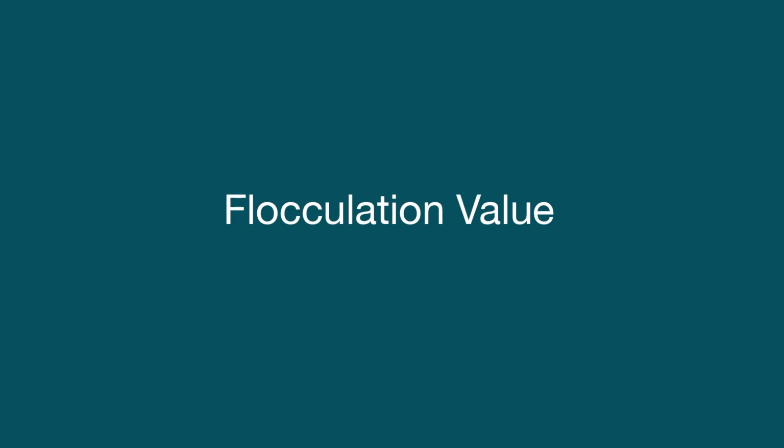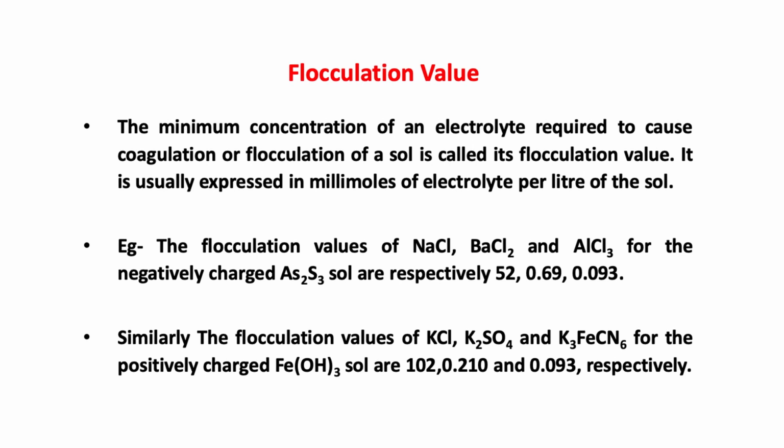Next is flocculation value. The minimum concentration of an electrolyte required to cause coagulation or flocculation of a sol is called its flocculation value. It is usually expressed in millimoles of the electrolyte per liter of the sol.